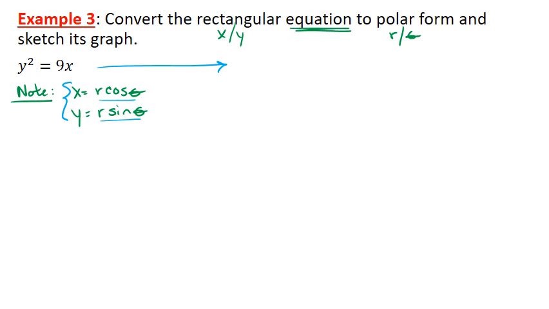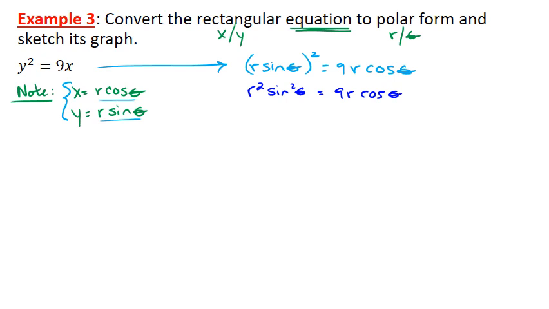So I know that y is equal to r sine of theta, and I'm going to square that. This is equal to 9 times x, but instead of x, I'm going to write r cosine of theta. Okay, well, since this left-hand side is squared, I get r squared sine squared of theta is equal to 9r cosine of theta.